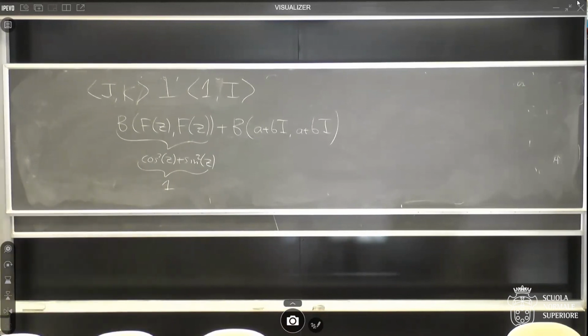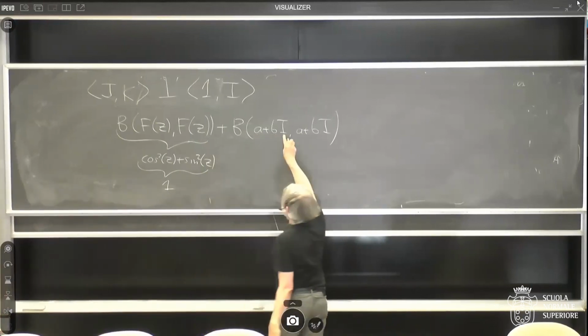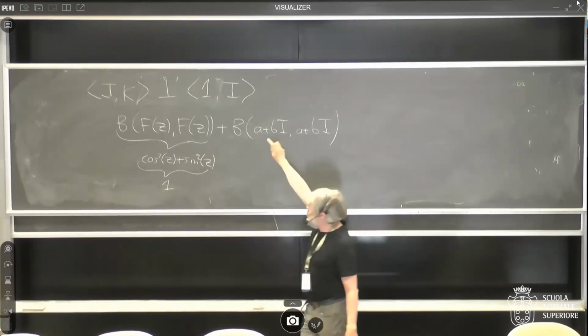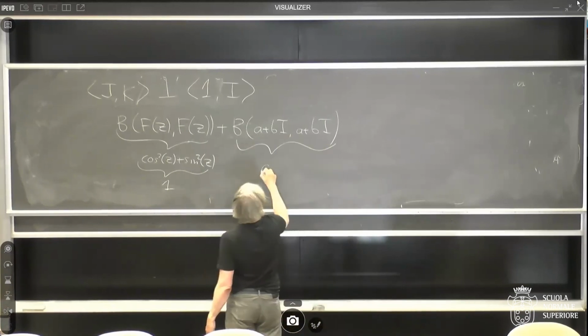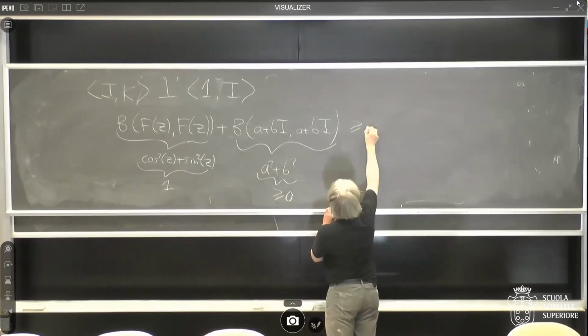And now, that's the point. Here we get 1. And on the other side, we have A and B, which are, in this case, real coefficients. Because these are real coefficients, they are real numbers, and so altogether this is at least 1.